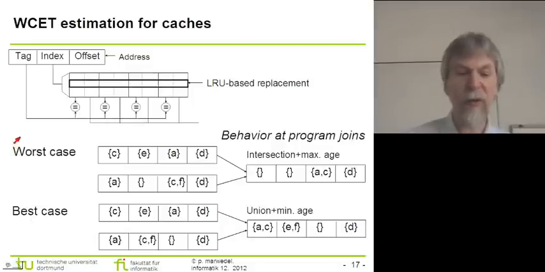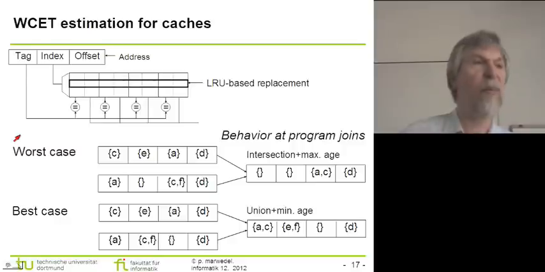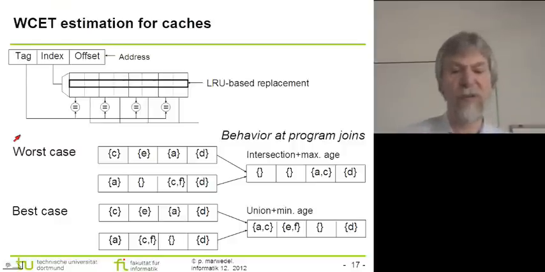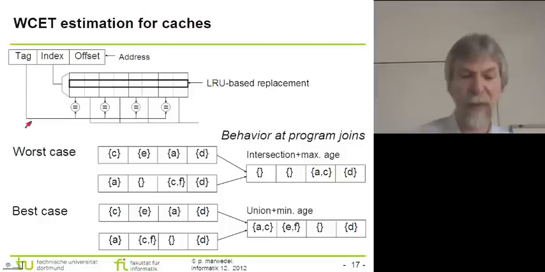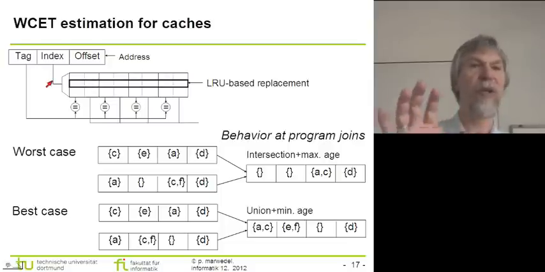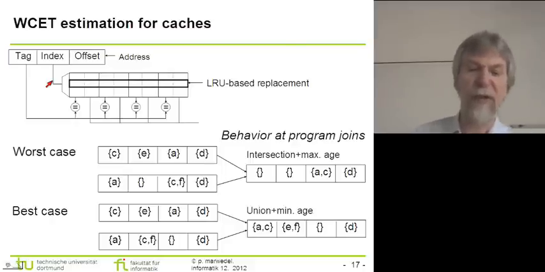I would like to briefly describe one key step that we have to use in the cache analysis. When we talk about caches, we in general talk about so-called set associative caches, which means that we have a memory. This memory is addressed by one part of the current address, called the index. Using the index, we address one particular row in the cache.